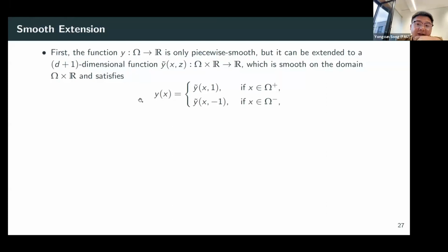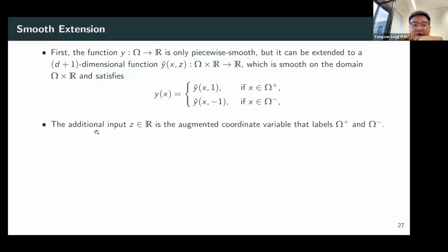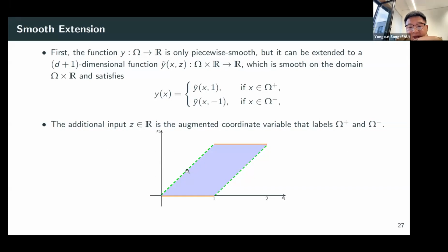So it is only piecewise smooth, but it can be extended to a d+1 dimensional function y tilde(x, z). Here the additional input z is an augmented coordinate variable that labels omega plus and omega minus. That means if x belongs to omega plus, y(x) equals y tilde(x, 1), and y(x) equals y tilde(x, -1) if x belongs to omega minus. This smooth extension idea can be seen from this example.